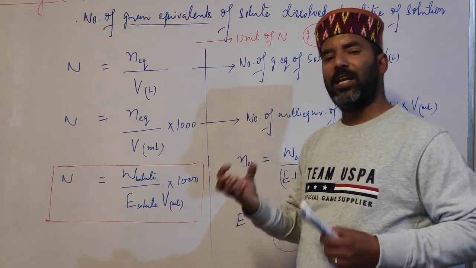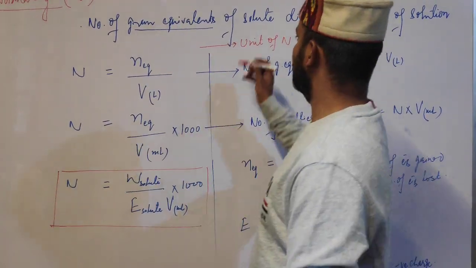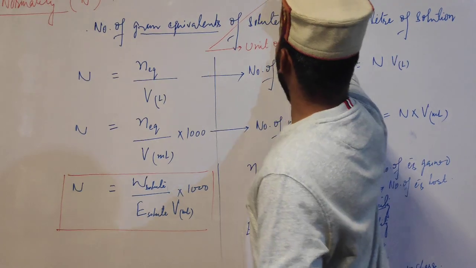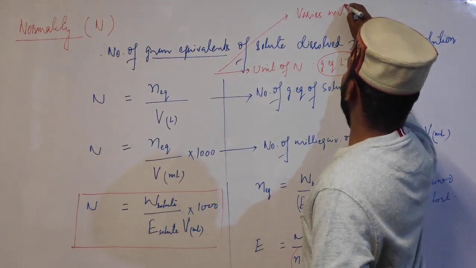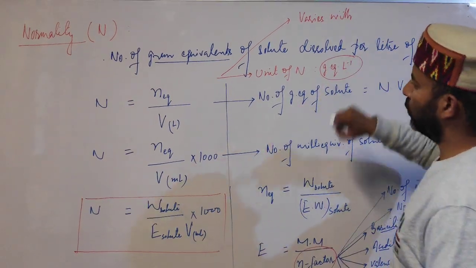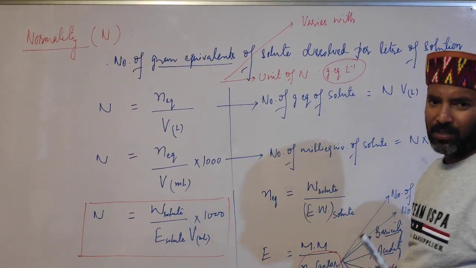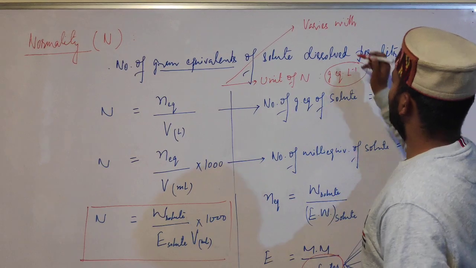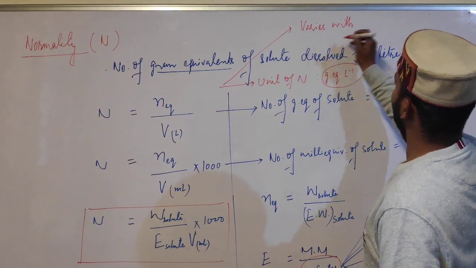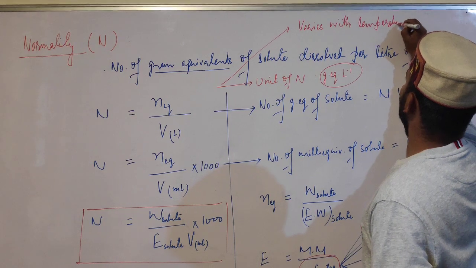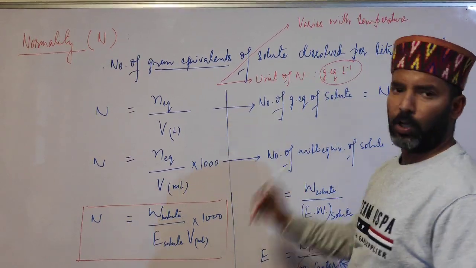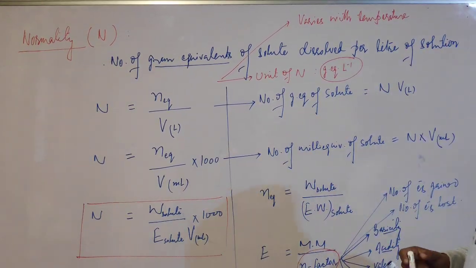So normality also changes with temperature. Like molarity, therefore, normality is not a better method for expressing concentration of a solution. It varies with temperature because it depends on volume, and volume changes with temperature.